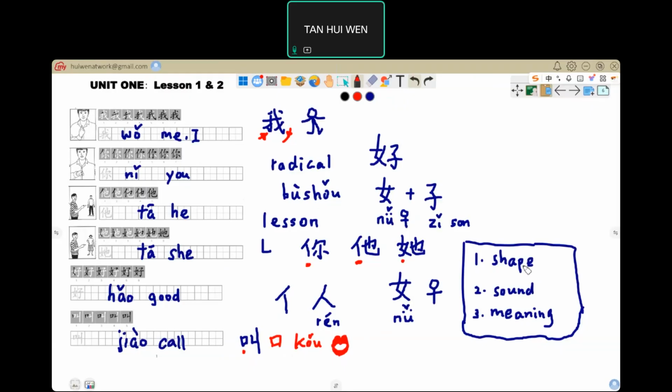So let's check these three. The shape is this one with the mouth radical, something related to the mouth. Sound is jiao. What is the meaning? To call, or to be called. The meaning is call because it has a mouth, and then for the other part you can use your own story.